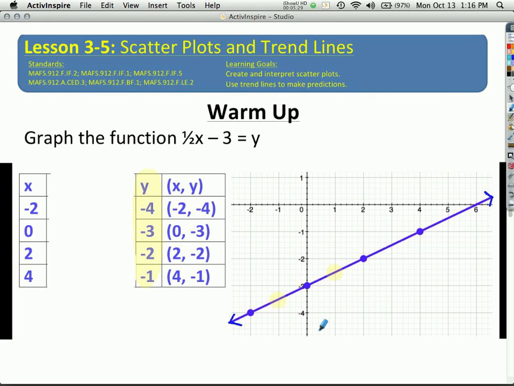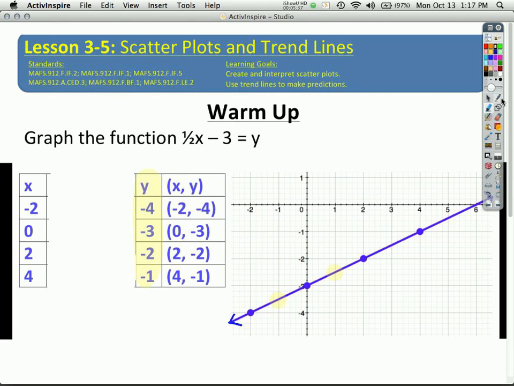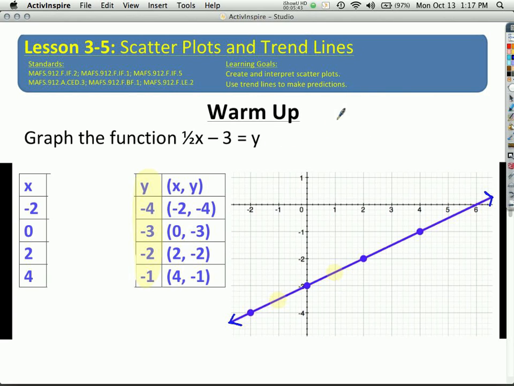The problem is that it opens you up for computation mistakes. Because watch what happens when you plug in a -1. I'm going to do it over here so we can see it nice and big. 1/2 times -1 minus 3. 1/2 times -1 is -1/2 minus 3.